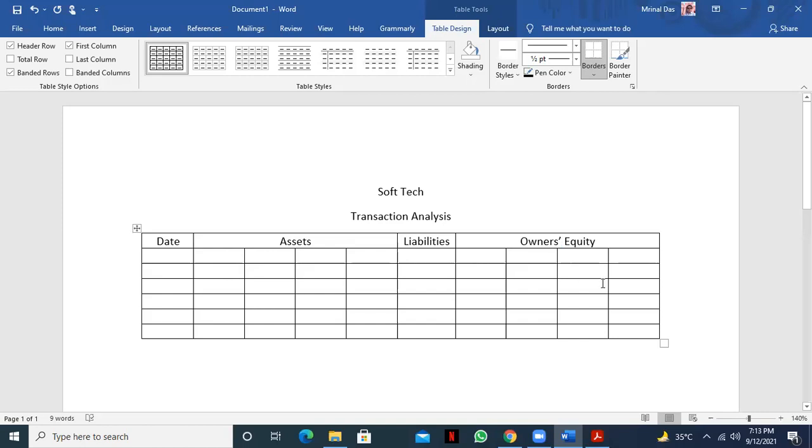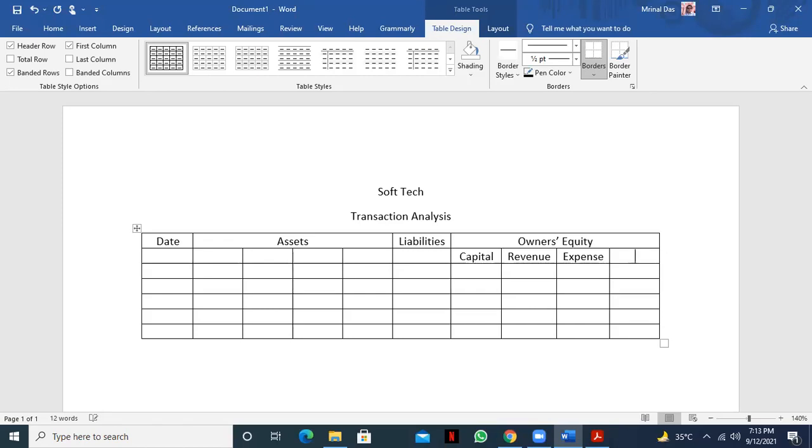Okay, so here you will write capital. First one is the capital, revenue, expense, and drawings.